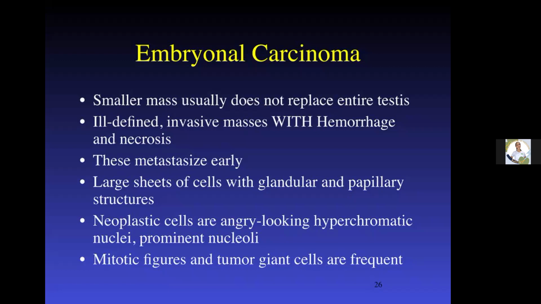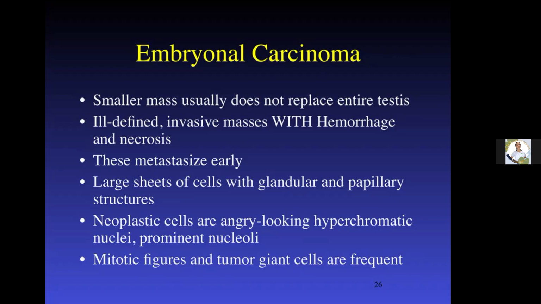It is composed of large sheets of cells, it forms glands, and papillary formations. So you have glands, you have papillae in your embryonal carcinoma. The neoplastic cells are large. They are angry-looking, with hyperchromatic nuclei and prominent nucleoli.